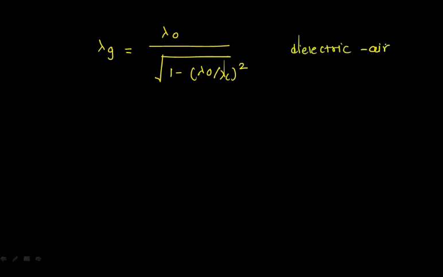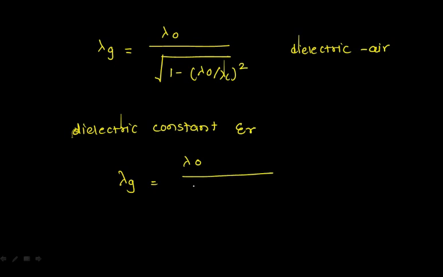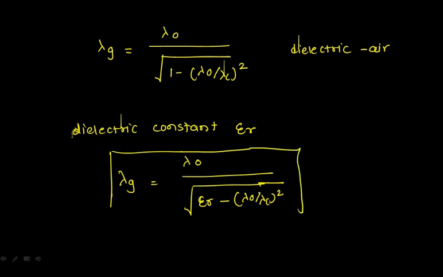But what will happen if you are not using air as the dielectric? Say you have a waveguide with another dielectric, and your dielectric constant is epsilon r. Then you need to replace that accordingly, so your lambda g will become lambda 0 divided by square root of epsilon r minus lambda 0 by lambda c, whole square. So this is the way you can calculate the guide wavelength if your dielectric is other than air, with dielectric constant epsilon r.